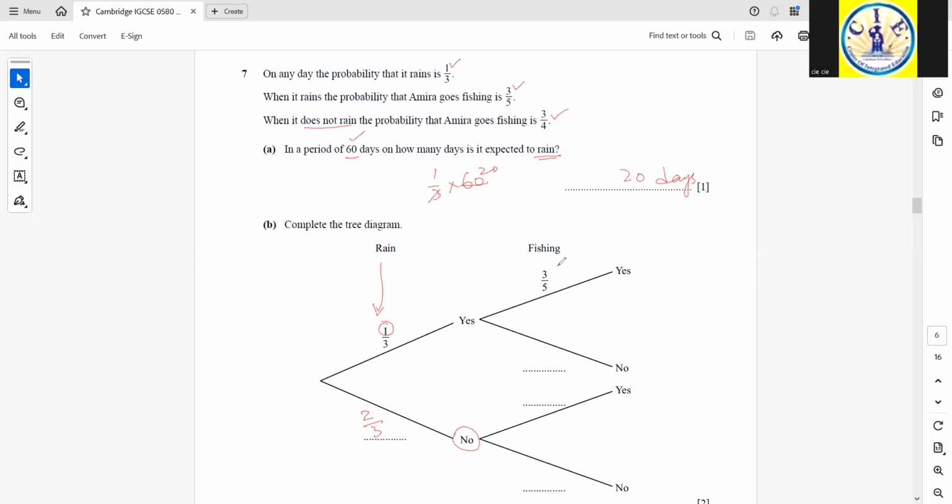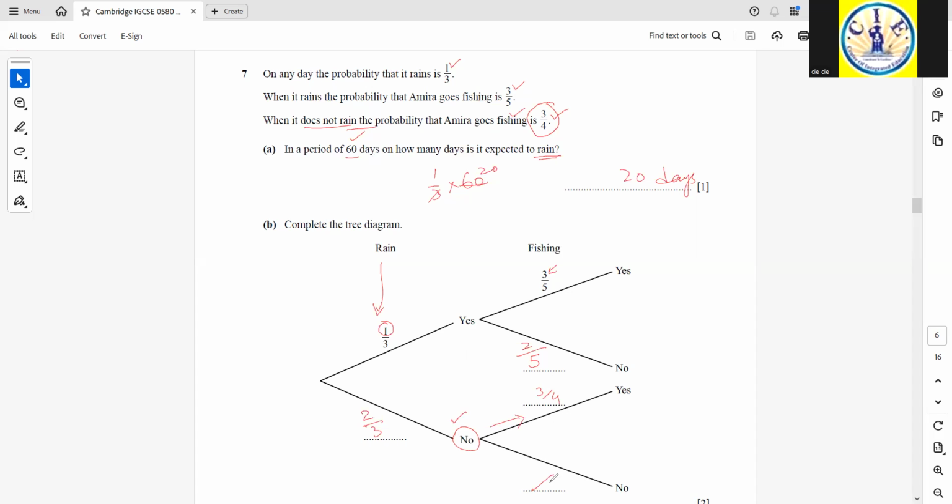Same goes for the fishing. Out of 5, 3 portions depict when Amira goes fishing. So the remaining 2 portions out of 5 would be representing that Amira is not going fishing. Then this was 3 by 4. When it does not rain and Amira goes fishing, this portion is 3 by 4.